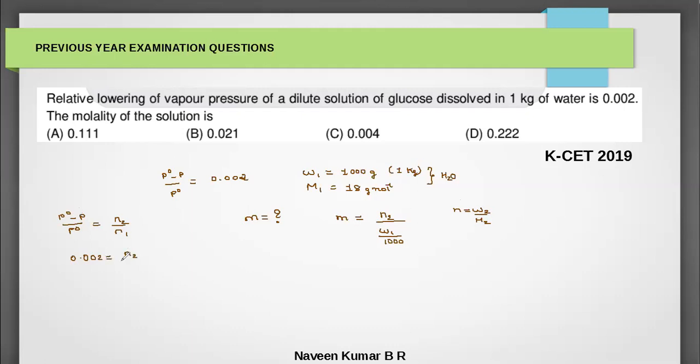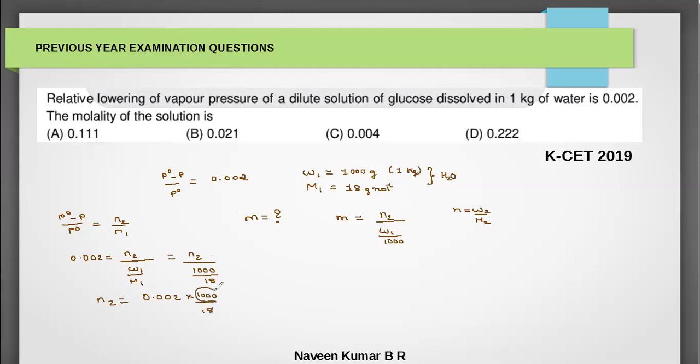N2 we will identify; N1 is W1 by M1, which is given based on the data, 1 kg of water. So N2 divided by W1, which is 1000, and M1, which is 18. Hence N2 will be equal to 0.002 into 1000 divided by 18.